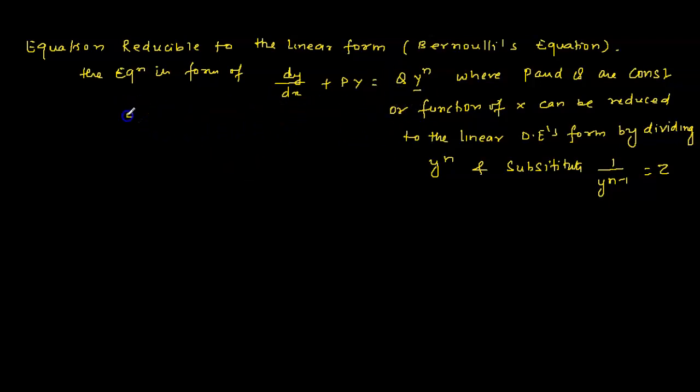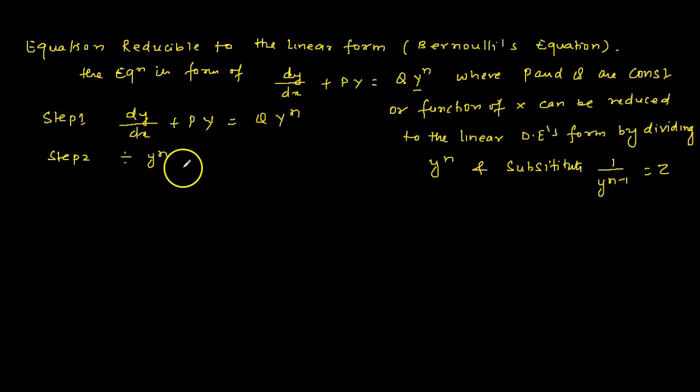So see here what I will do. Consider dy by dx plus Py is equal to Q into y to the power of n, given. Step 1 is this. Step 2, you divide by y to the power of n, whatever y is on the right hand side.